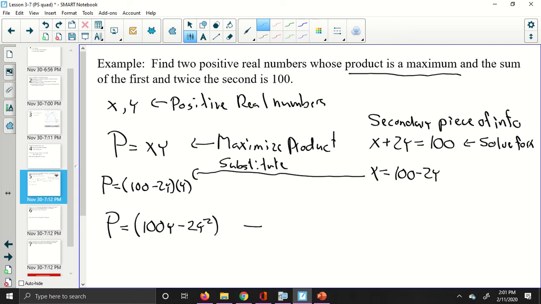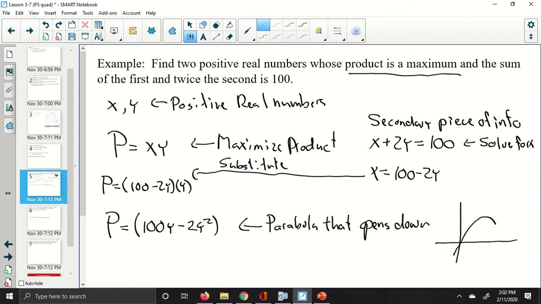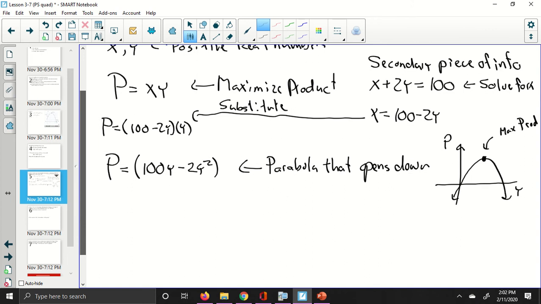And this thing is a parabola that opens down. And it looks like this. And this is y, and this is product. So right here is going to be my maximum product. So how do I find that?